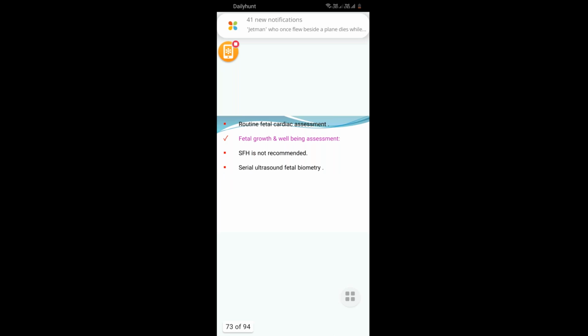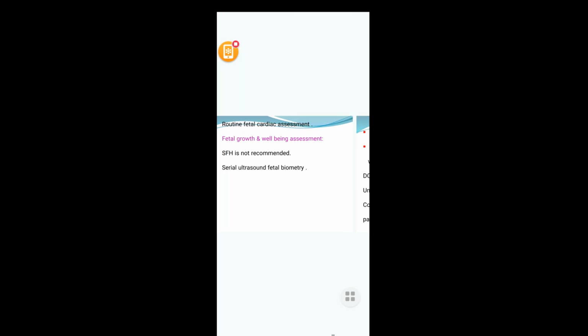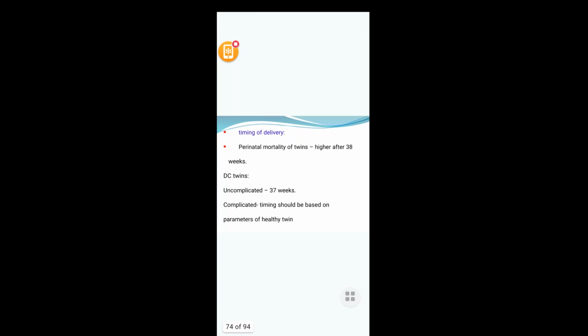Fetal growth and well-being assessment should be done. Serial fetal heart rate and serial ultrasound fetal biometry have to be checked. Timing of the delivery depends upon the twins. Perinatal mortality of twins is higher after 38 weeks. So we need to deliver twin pregnancies earlier than a singleton.